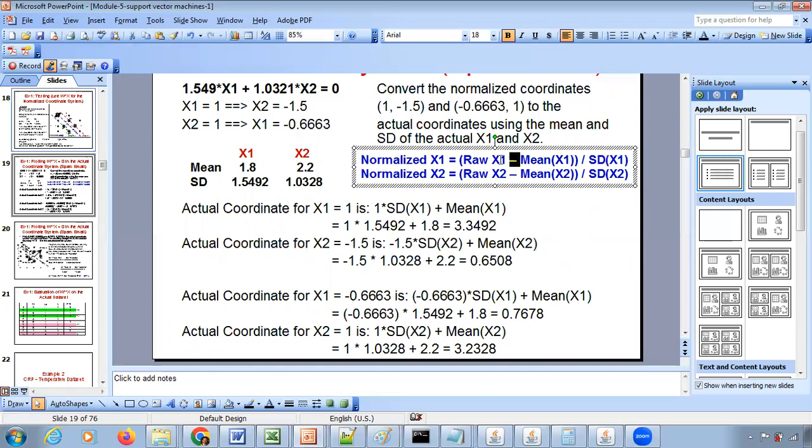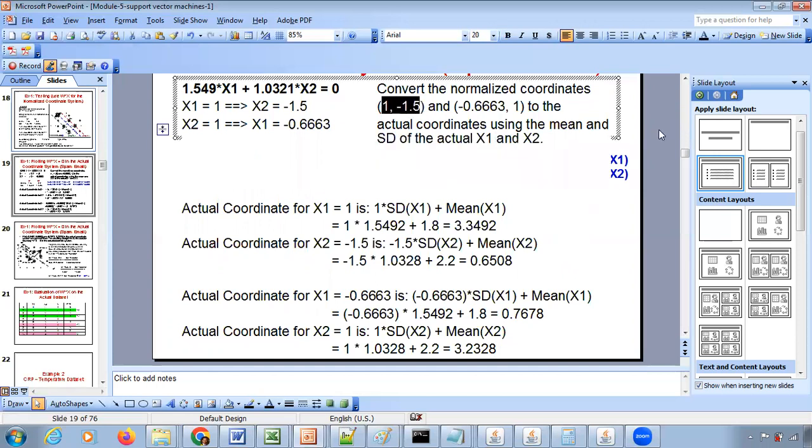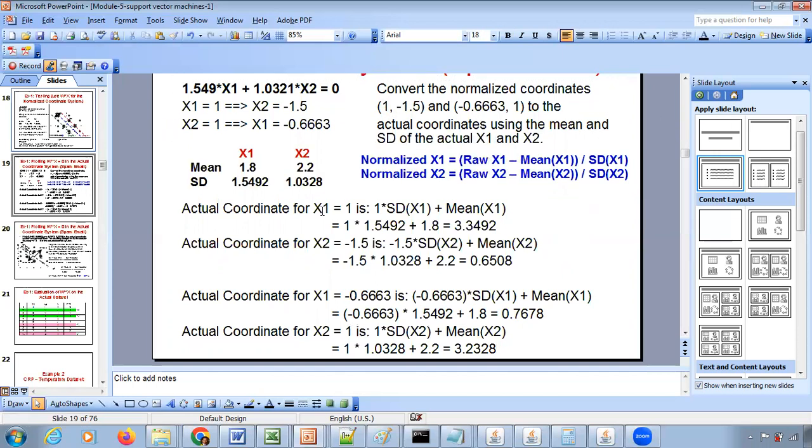We need to find the raw x1 equivalent. For example, if we take this data point, the normalized x1 is 1. So what is the corresponding raw x1? That's what we're trying to find out. For x1 equals 1, the raw, which is the actual coordinate x1, is going to be the normalized x1 times the standard deviation, because the standard deviation goes to the other side by cross multiplication, then the negative mean goes to the other side and becomes plus mean.